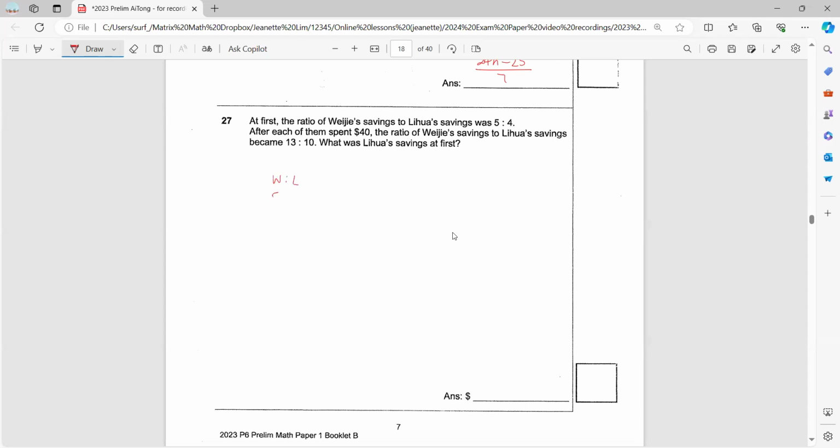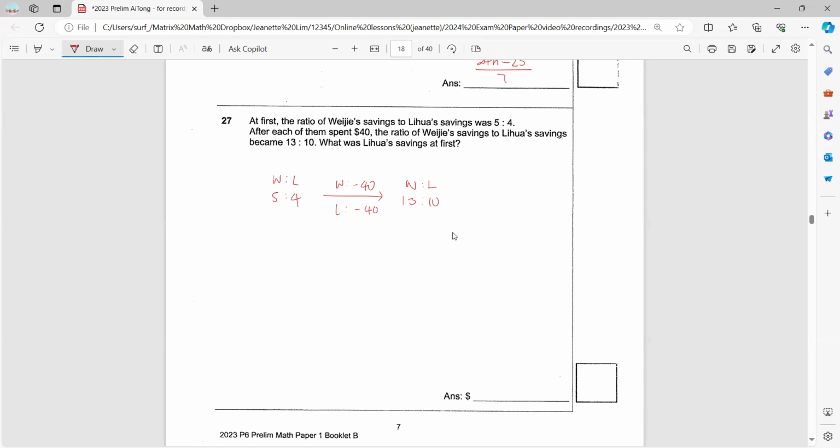W to L, 5:4. Then each of them spent 40, so both minus 40. And then the ratio became, sorry, 13 to 10. What is the common base?